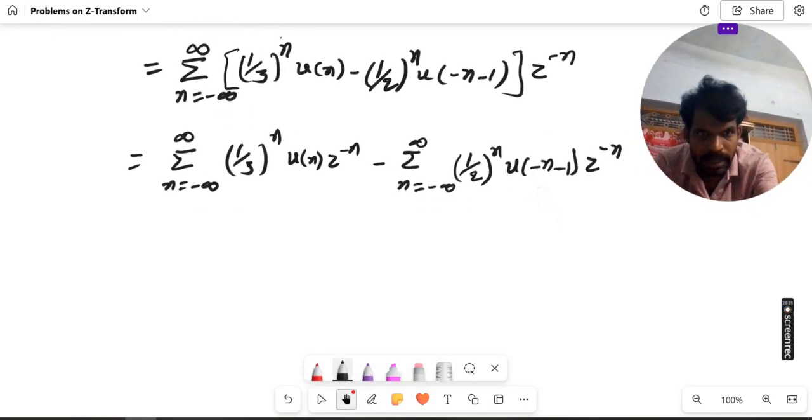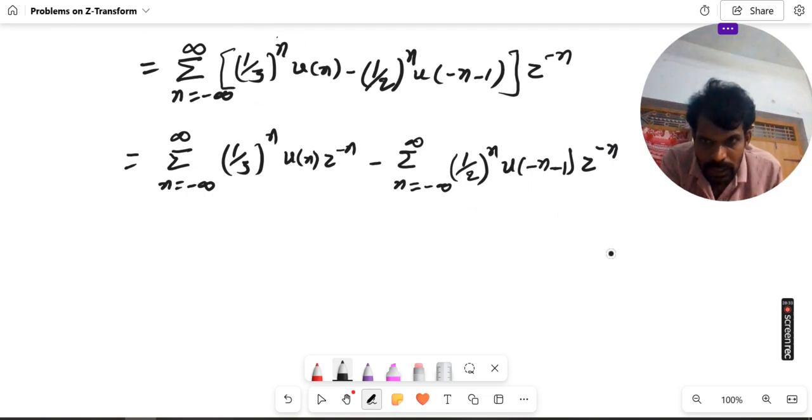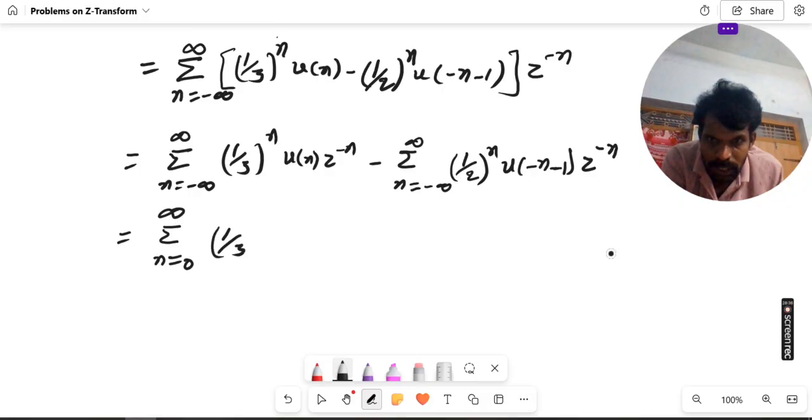Now let us change the limits. Here we have the u of n, so for the summation n ranges from 0 to infinity. Why? Because it is unit step. Summation 1 by 3 power n into z to the power of minus n.